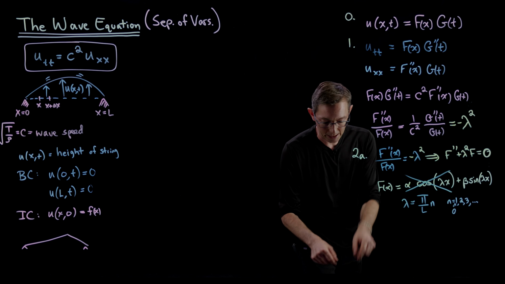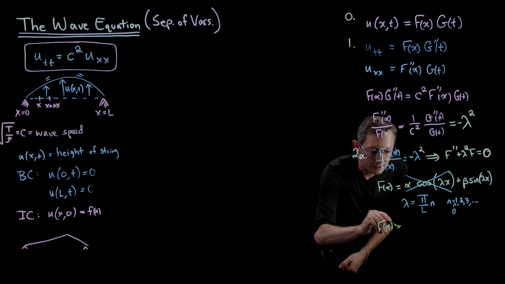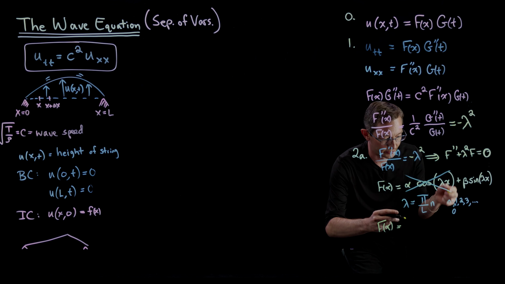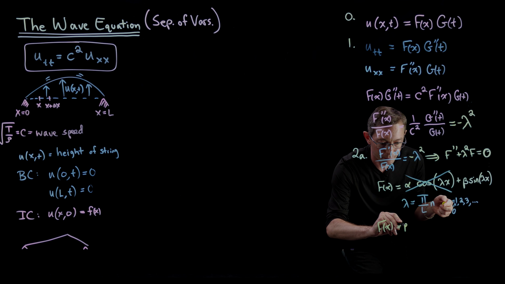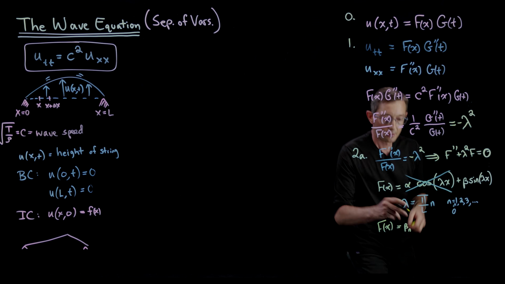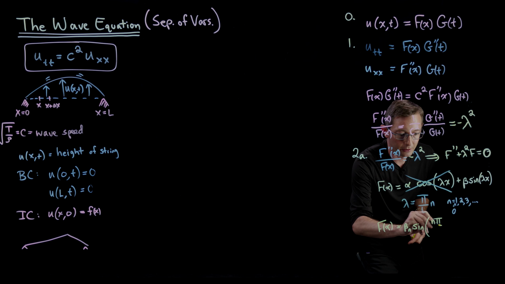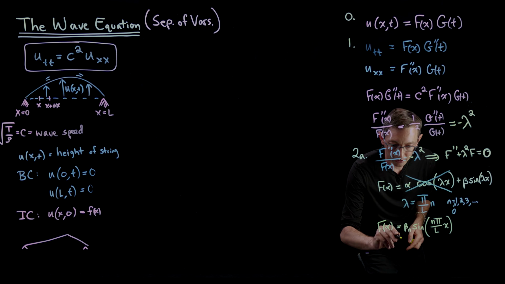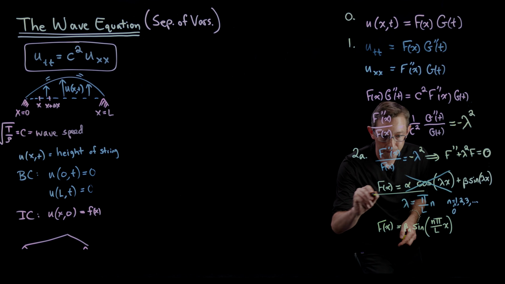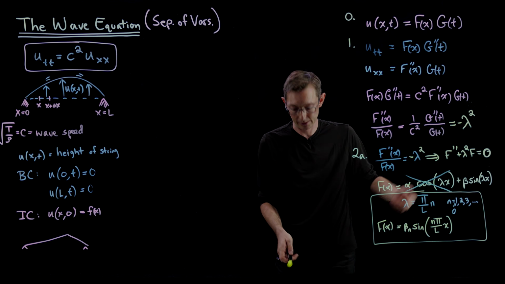And so essentially what we get is that f of x equals, let's just call this beta n, because there's going to be a constant for every integer n, beta n sine of n pi over L times x, where lambda equals pi over L times n.